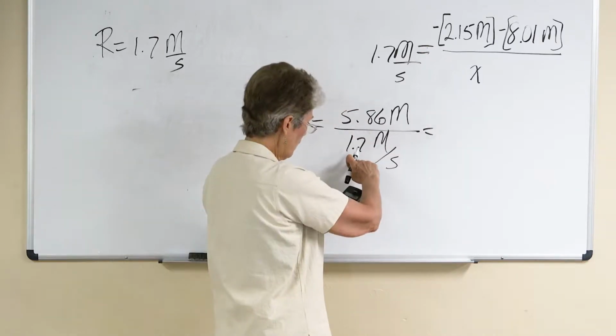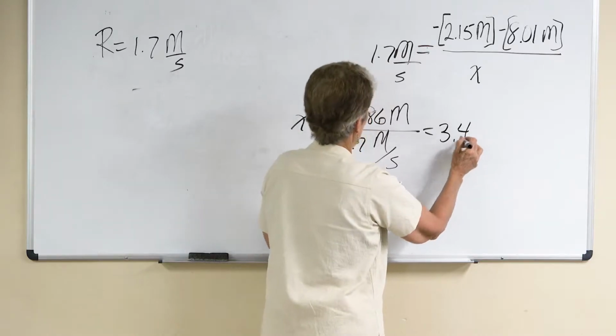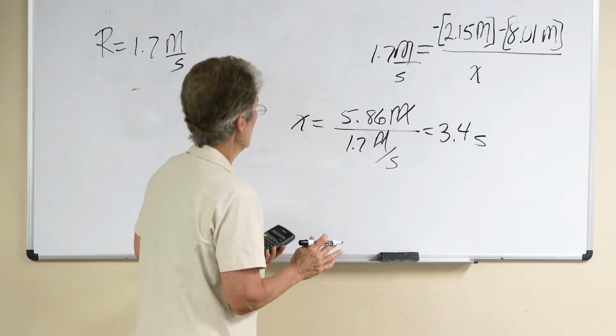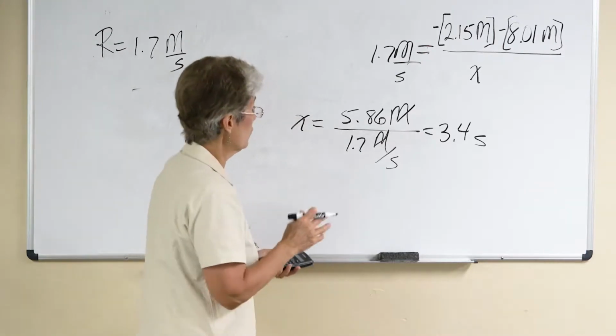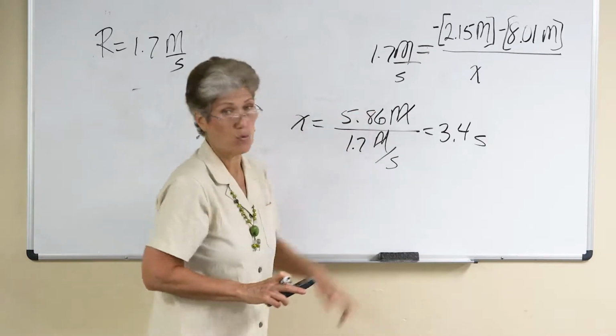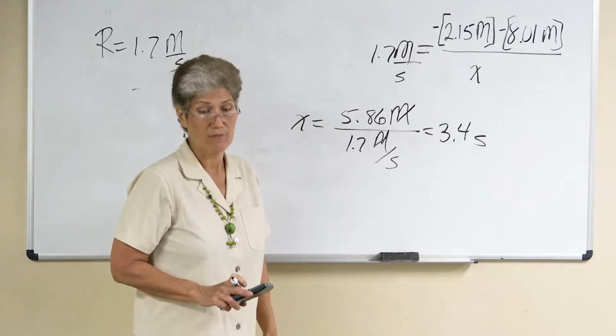I have 2 significant figures, so my answer has to be in 2 significant figures. The molar units cancel, leaving seconds. And so I know that at 3.4 seconds, that is when the concentration will be 2.15 molar. And that's how we find that.